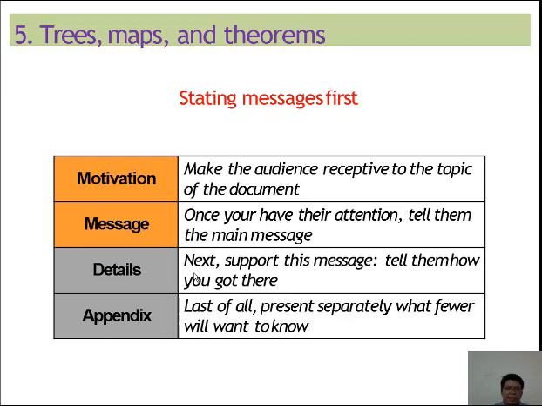Next, the details: to support the message, tell them how you got there. For the appendix, last of all, present separately what fewer people want to know, such as how to derive the equations and how to prove that the theory is correct. Remember, motivation and message are the most important things.